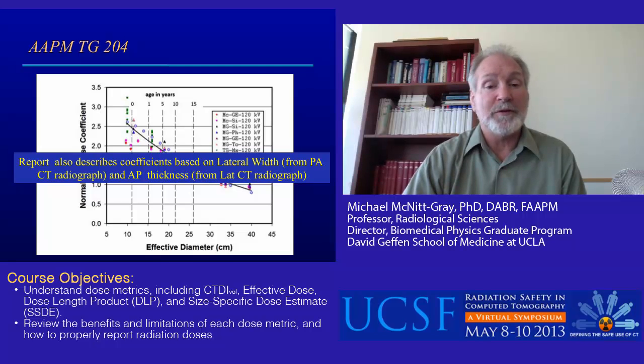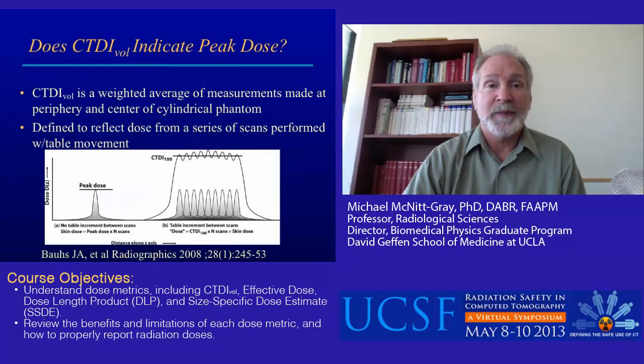This report also describes coefficients based on lateral width and AP thickness, and it has conversion coefficients for both the 32 and the 16 centimeter phantom. One other thing is, when does CTDIvol indicate peak dose? Again, according to the original definition, CTDIvol was the weighted average of measurements made at the periphery and center of a cylindrical phantom, and it was defined to reflect dose from a series of scans performed with table movement.